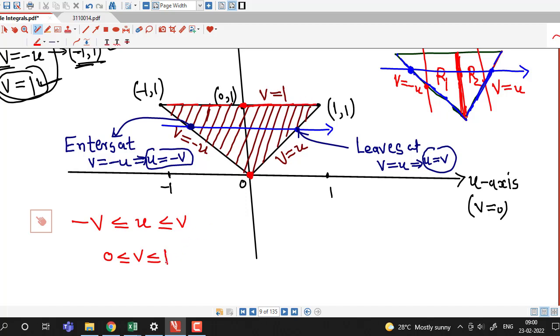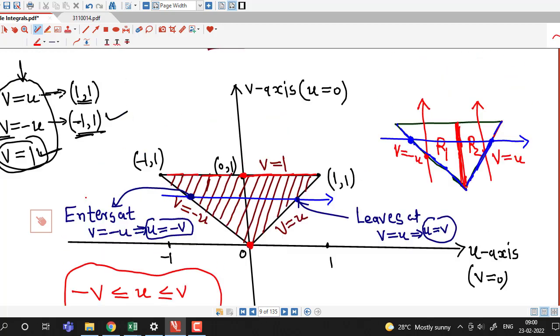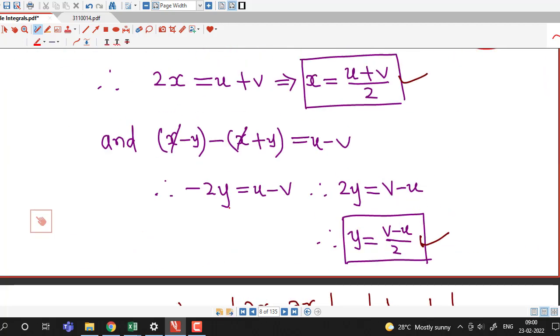So the upper limit for v will be 1. So limits of integration for u are from minus v to v, and limits of integration for v are from 0 to 1. So these are the limits of integration in the UV plane, and we can denote this region by capital G. So G is the region in the UV plane.